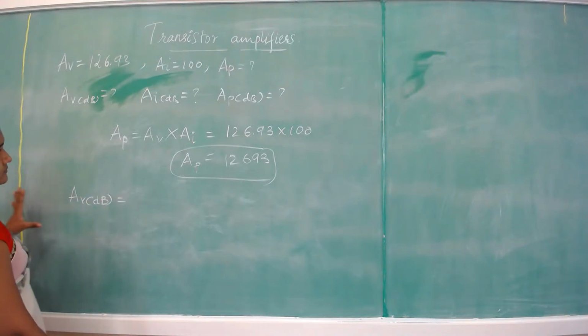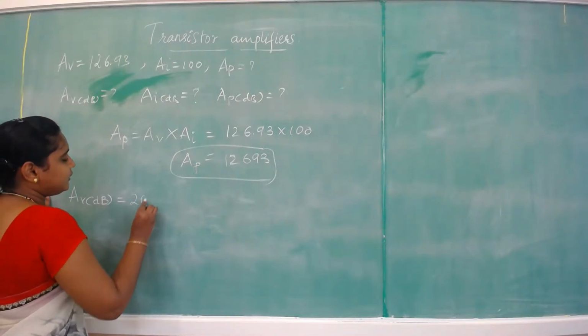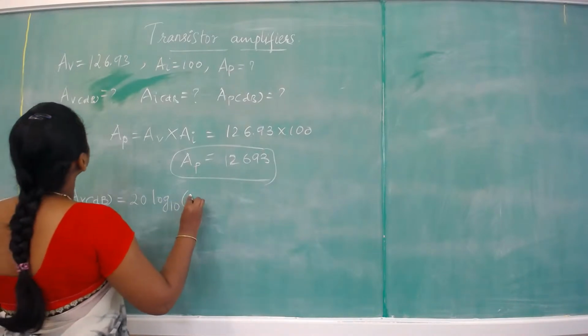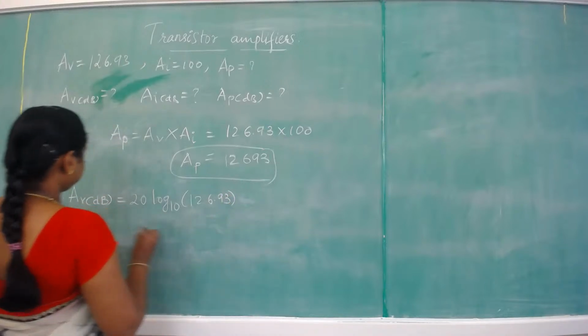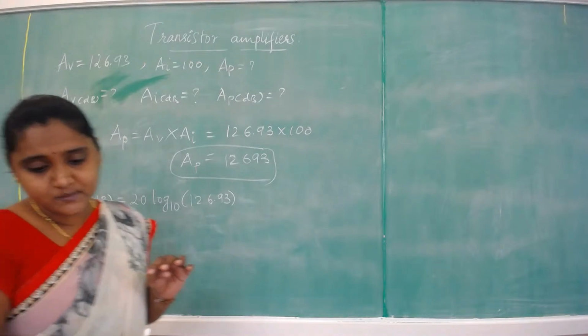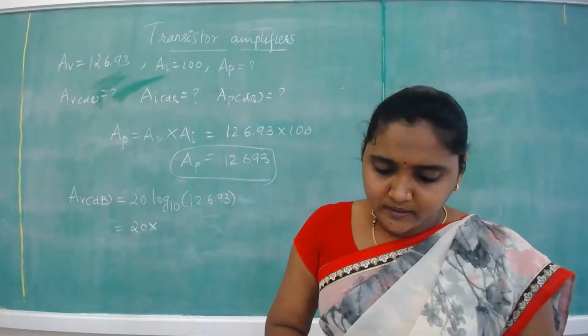Now in terms of dB, AV in terms of dB is 20 log to the base 10 of 126.93. The log of 126.93 is 2.1034.